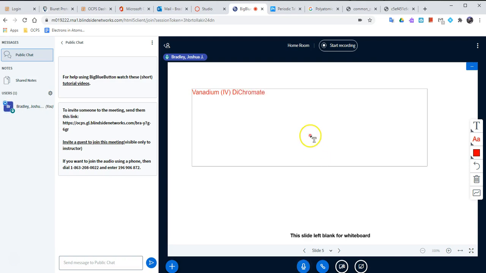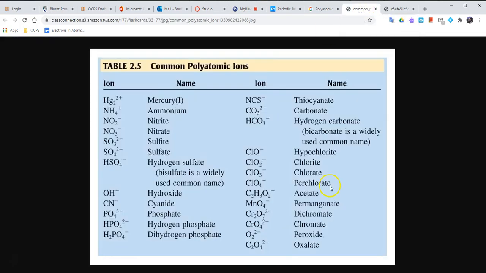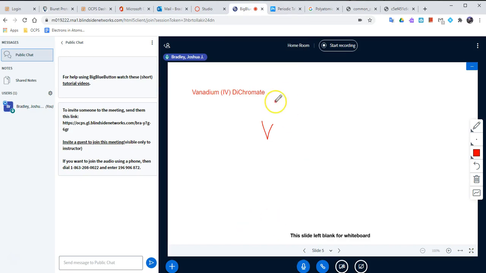Okay. So, wow, this one sounds like it's super complicated, right? Vanadium 4 dichromate. All right, so let's just break it down. We need vanadium, which is going to be V, and we're going to need dichromate. Okay, so dichromate here, it's Cr2O7 and it's 2 minus.